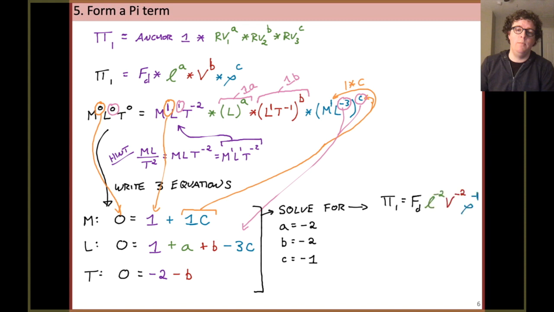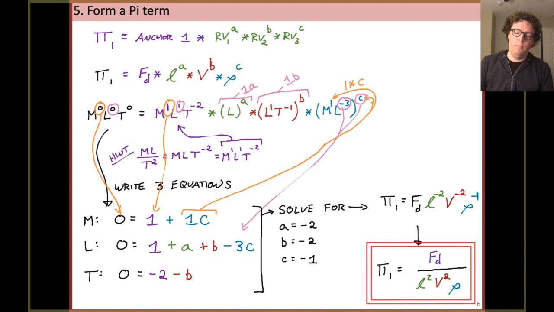Your pi term looks like your anchor, FD, multiplied by script L raised to the -2, velocity raised to the -2, and density raised to the -1. You can write that more cleanly by remembering that negative signs mean the denominator. So pi1 is equal to the drag force divided by length squared, velocity squared times density. That's our first pi term.